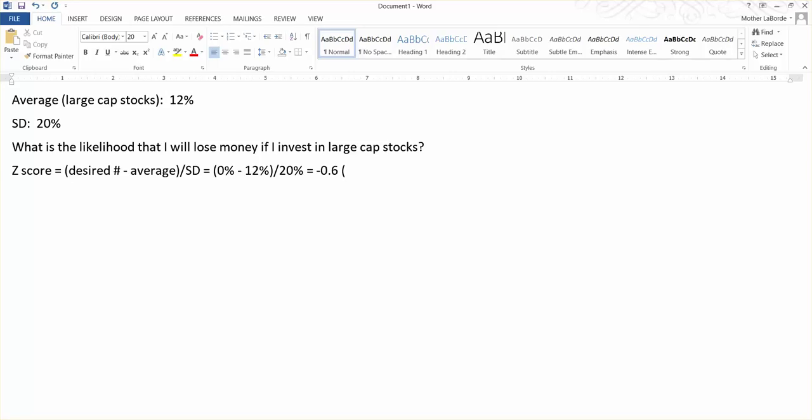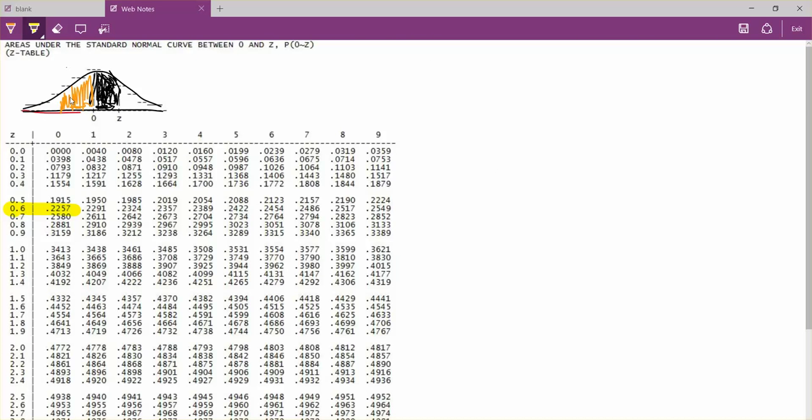And so now I'm going to go look up z value from table, and it is 22.57%. Now that I have that z value, I am actually interested in this number.